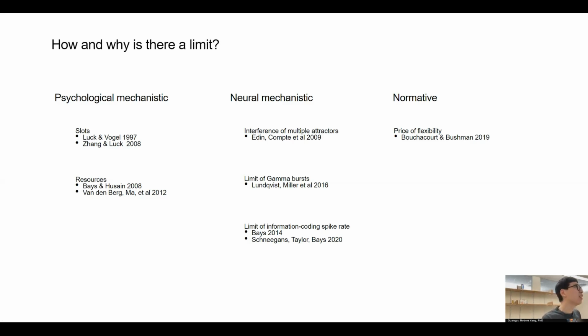This is the idea that for working memory to be very flexible, as we want it to be, you have to pay a price, and then you cannot store many things simultaneously. I won't go into the details, but this is kind of our original hypothesis as well.